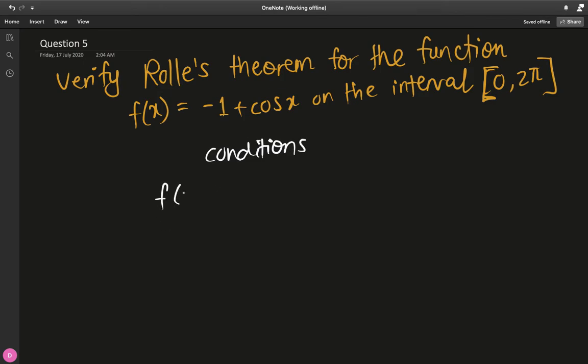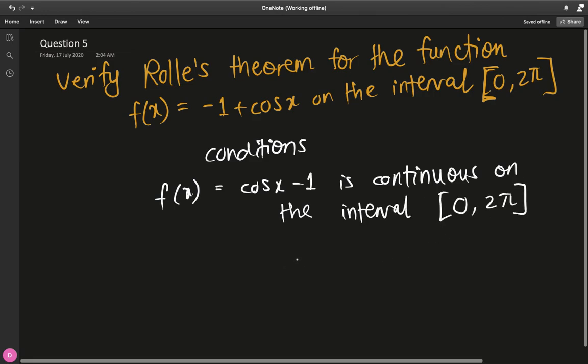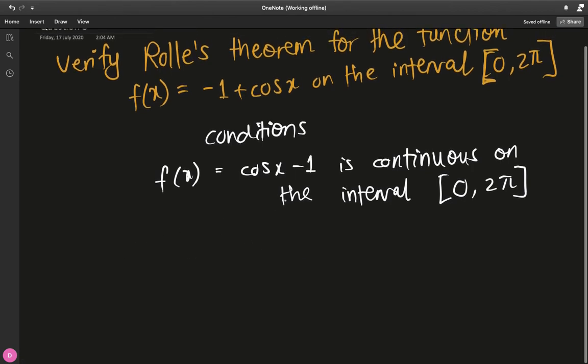So notice that f of x being equal to cosine of x minus 1 is continuous on the interval 0 to 2 pi, both inclusive. And it certainly is, because cosine of x is a continuous wavy function, and minus 1 is just shifting it up by 1 unit, rather shifting it down by 1 unit.